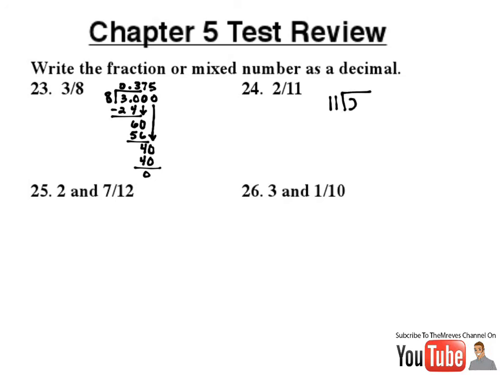I'm going to go ahead and put that as 2.0. Bring that up. Start with a 0 because 11 doesn't go into 2. 11 goes into 20 once, and that gives us 11. And we subtract. That gives us 9. And then we add a 0 and bring it down.